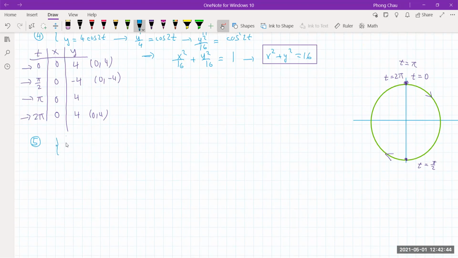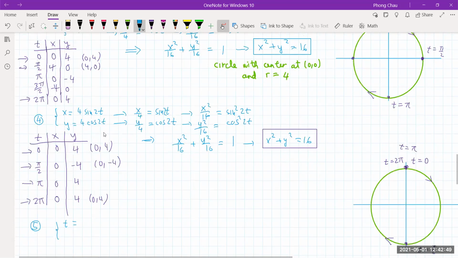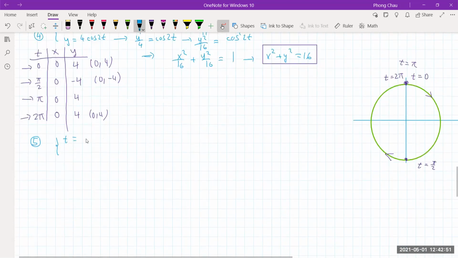We use the same technique to solve for cosine and sine.